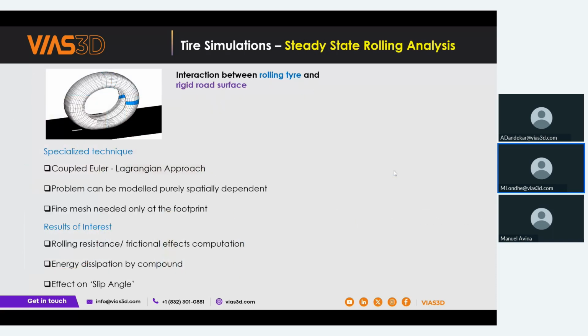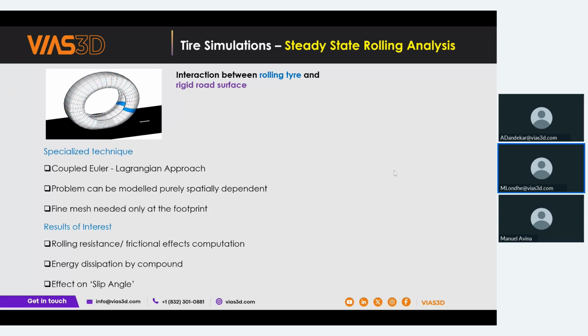So the next simulation is the steady state rolling analysis. Basically, in the steady state rolling analysis, using the steady state transport option, which is built into Abaqus, one can use the footprint analysis result from the static case to model the steady state dynamic interaction between a rolling tire and a rigid surface.